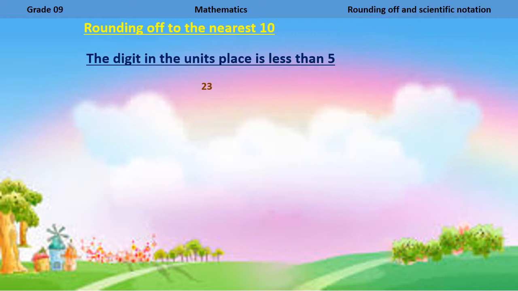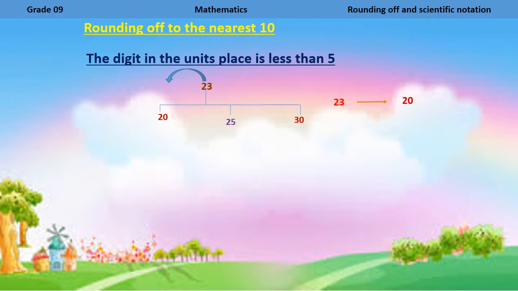And 23 is placed in between 20 and 30. The mid value is 25. So, 23 is closer to 20. Then, when we round off 23 to the nearest 10, the answer is 20.